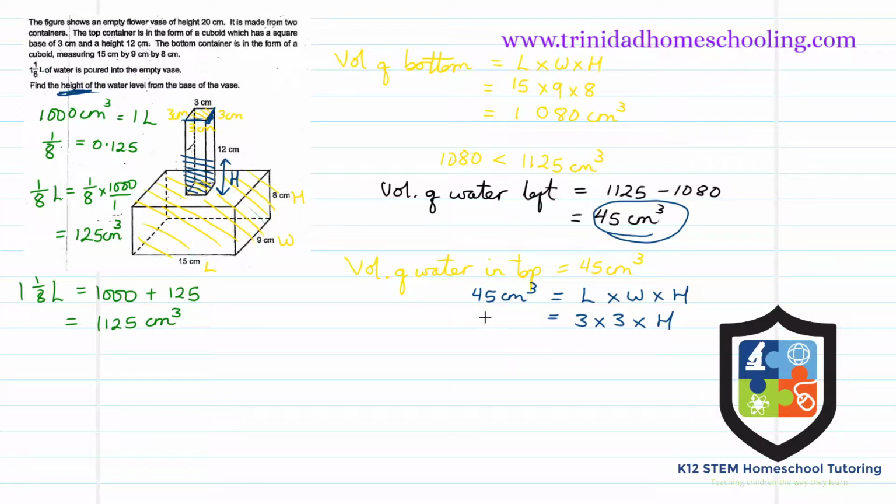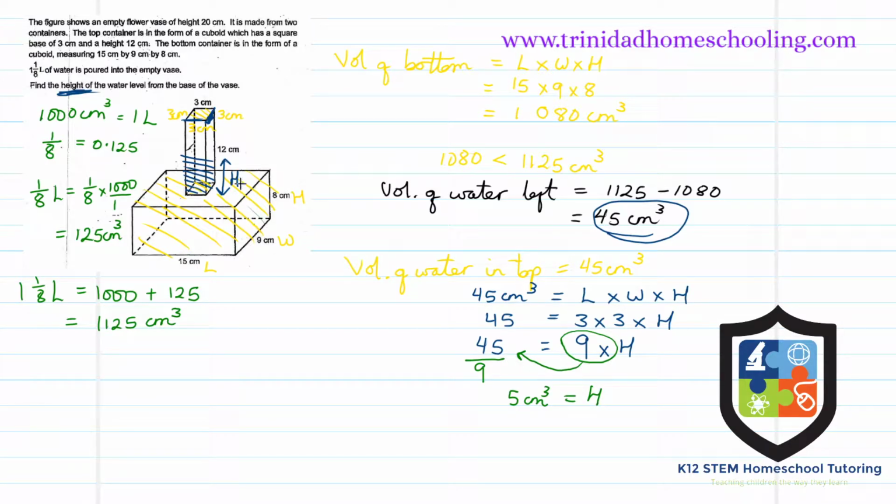So 3 multiplied by 3 will give us 9, multiplied by some height to give us 45. Now you should know what inverse operations are. If we're multiplying by 9, the opposite operation would be to divide by 9. And 45 divided by 9 is 5. So 5 centimeters is the height.